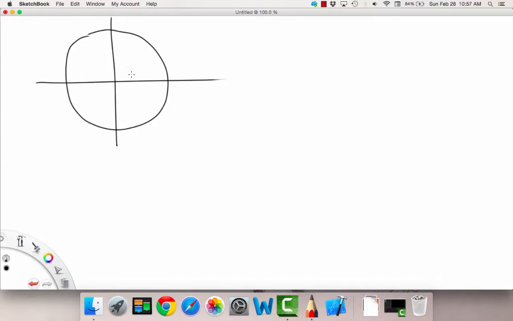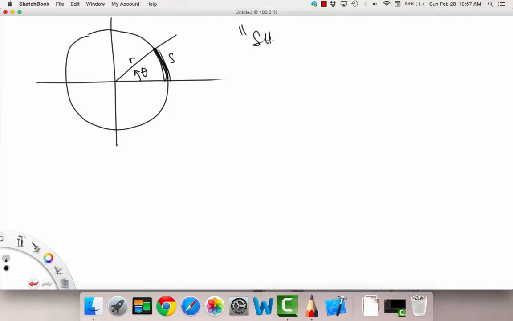Okay, so at this point we've talked about arc length, right? We've said that if we have a circle of a certain radius, r, and we rotate a certain angle, then this S is the arc length swept out by that angle. Sometimes it's called subtended by an angle.